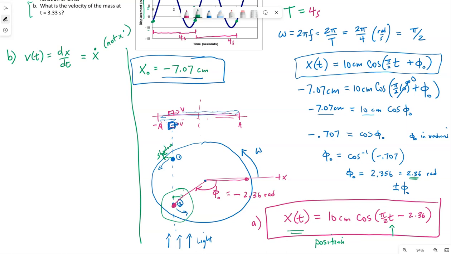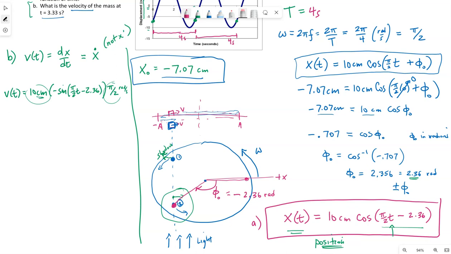All right, so let's take the derivative of our function down here. So our velocity as a function of time, we have our 10 centimeters still. Derivative of cosine is negative sine of all the same stuff. And then we have to take the derivative of what's inside the parentheses for the cosine. So when we take the derivative of that, we're going to get pi halves.